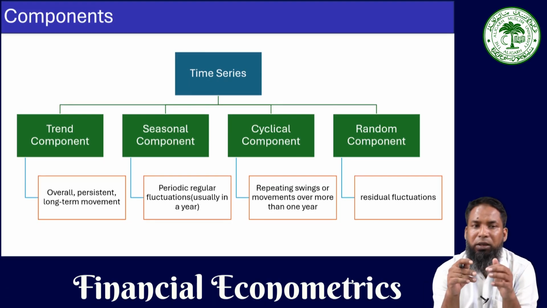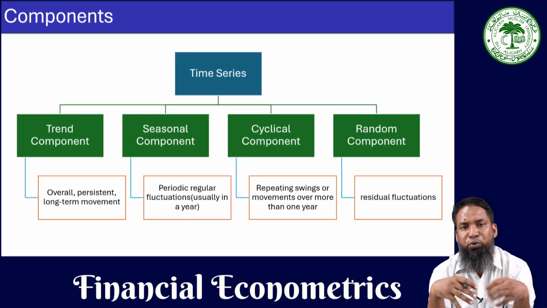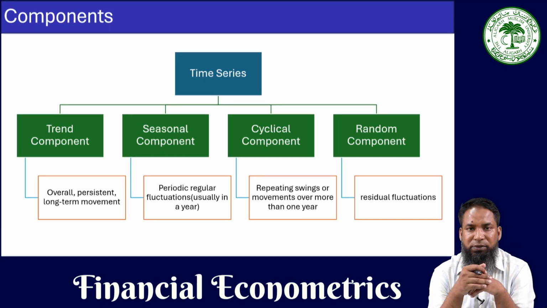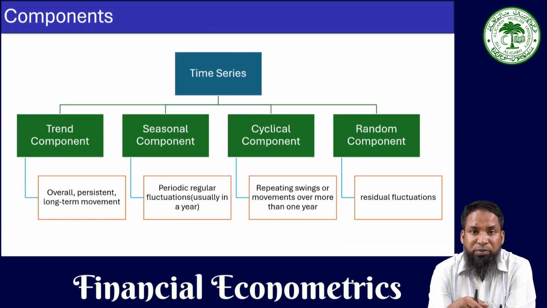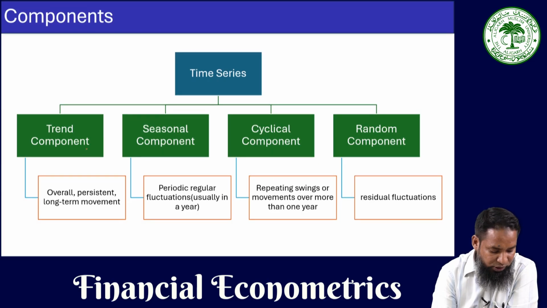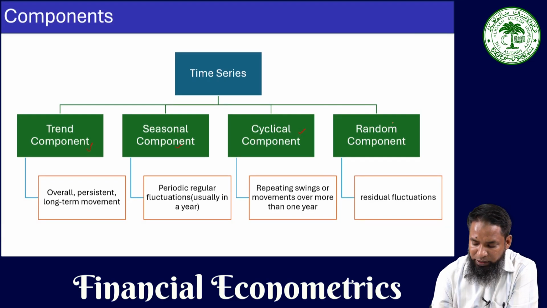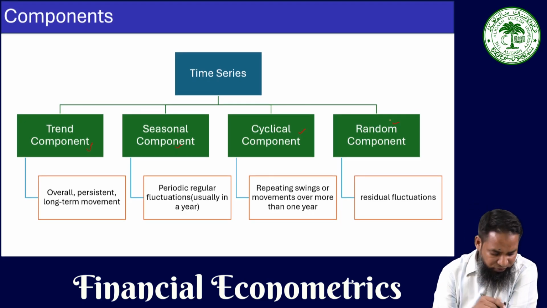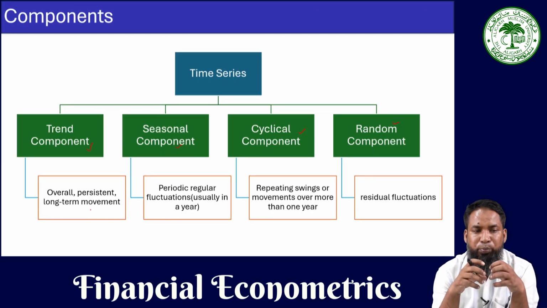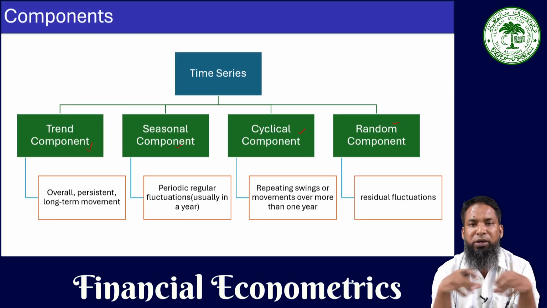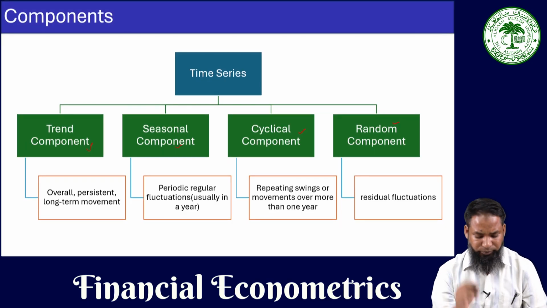Then time series can be decomposed into different components, and these different components represent different aspects of the data generating process. Time series can be decomposed into the trend component, seasonal component, cyclical component, and the random component. In brief, the trend component represents the overall persistent long-term movement in the particular time series.